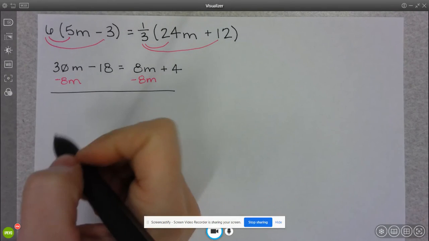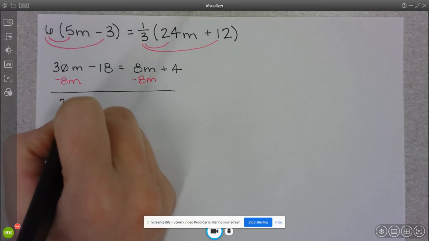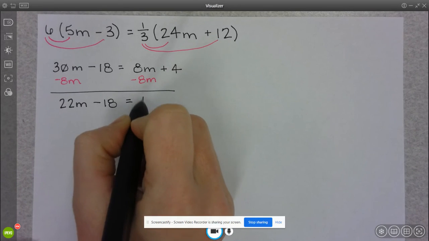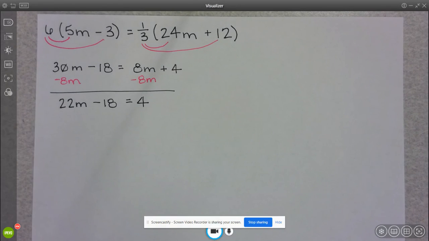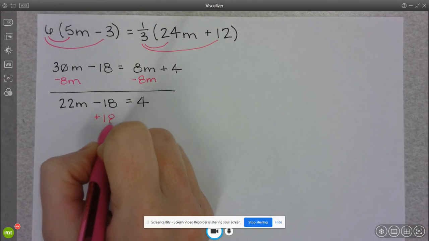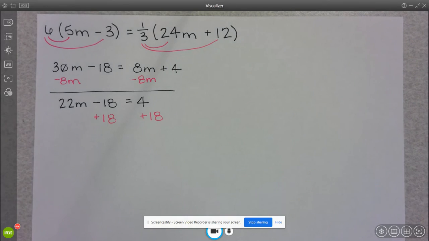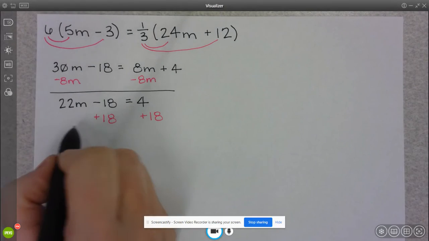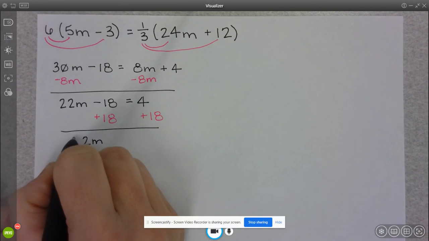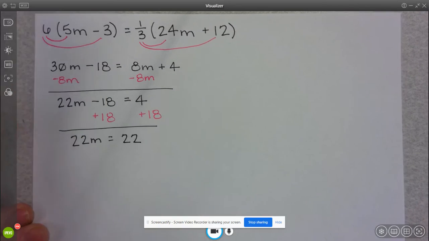So 30 minus 8 leaves me with 22m minus 18 being equal to 4. And then I'm going to add 18 to both sides. And that's going to leave me with 22m being equal to 22.